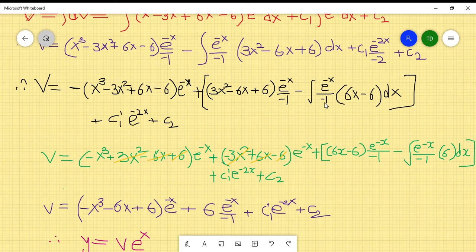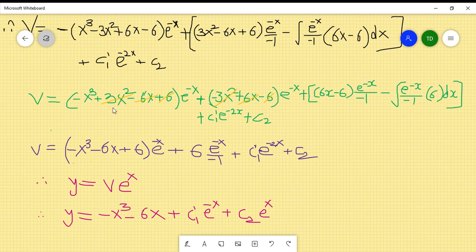Minus and this minus 1 make it plus. This algebraic function we are treating as our first function. So first function as it is, integration of e raised to minus x makes it e raised to minus x upon minus 1. Subtraction, integration of again e raised to minus x upon minus 1, and derivative of this bracket is 6 with respect to x, and the remaining two terms as they are.